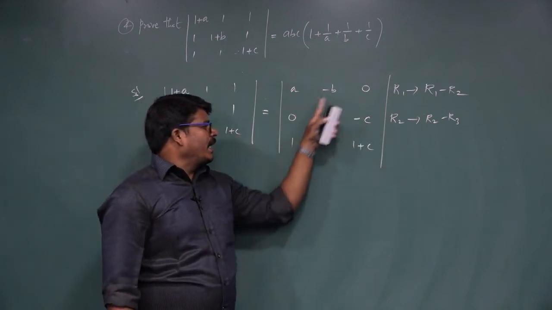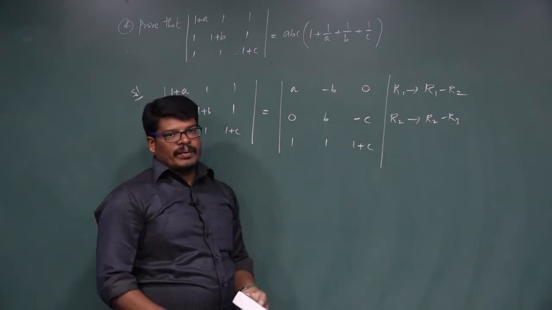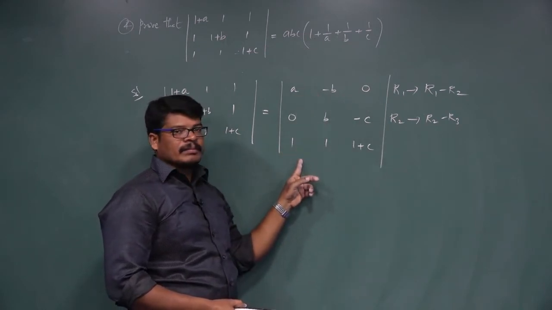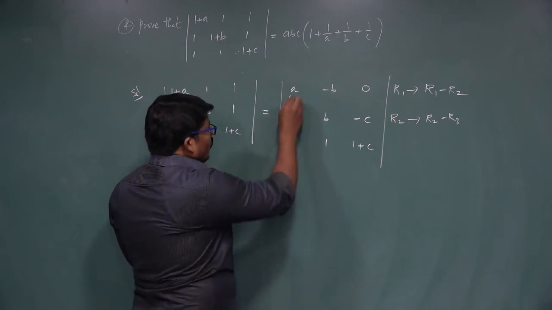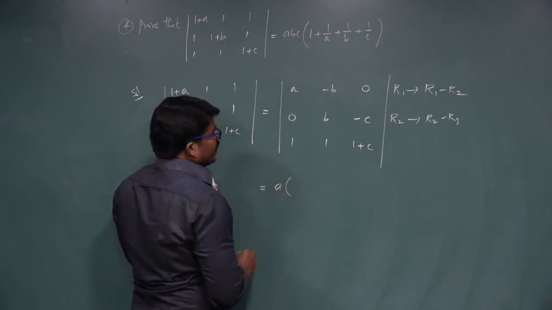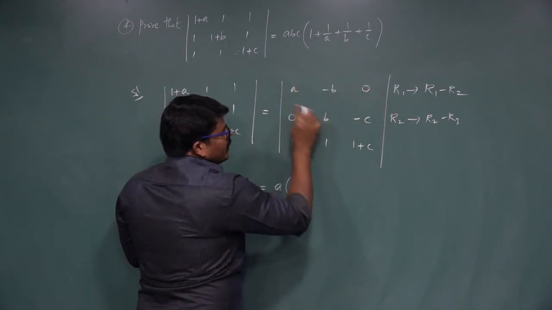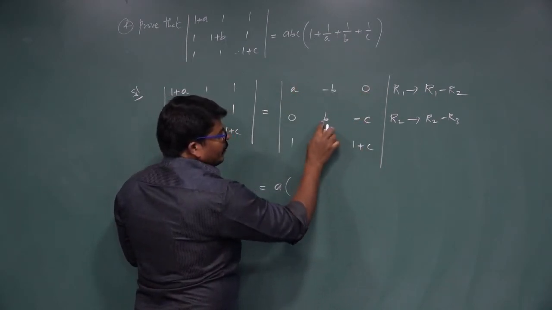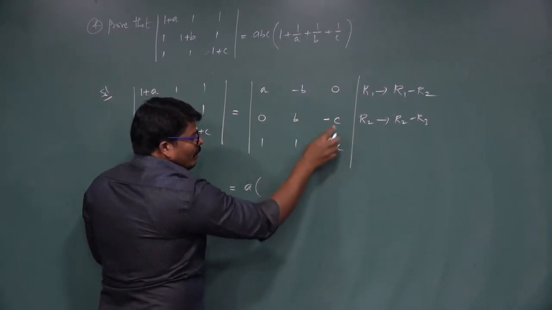Now expanding the determinant, using row wise or column wise, anyone. Now expanding row wise, A into the determinant. Taking the element A, the column and the row are eliminated, getting the minor matrix B, minus C, 1, 1 plus C. Now find the value of the minor matrix.